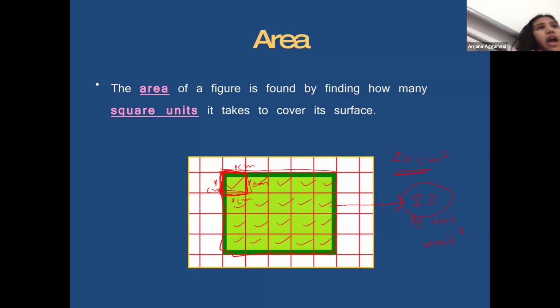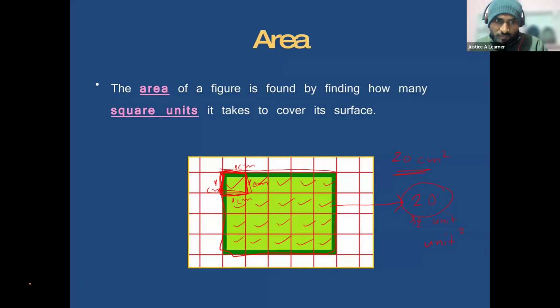But for area, I got 19. You got 19? How? 5 plus 4 is 9, and then 9 times 2 is 18. Can I have a pen?